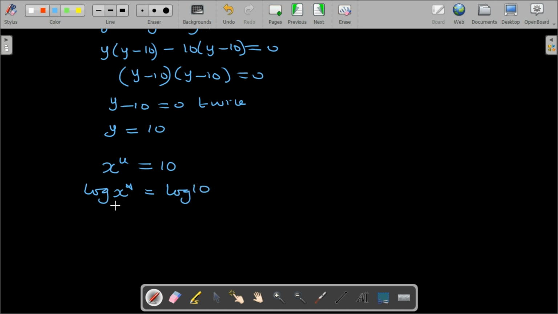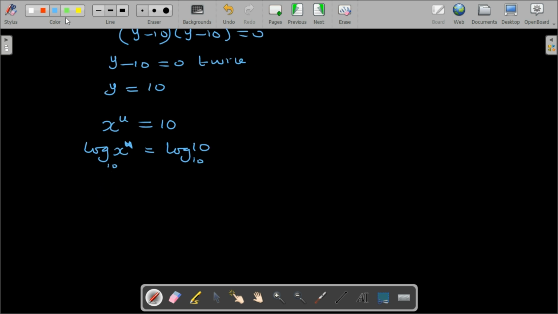From the rules of logarithm, the logarithm of a number to the same base is 1, and the logarithm of a number raised to a power q is q times the logarithm of that number.